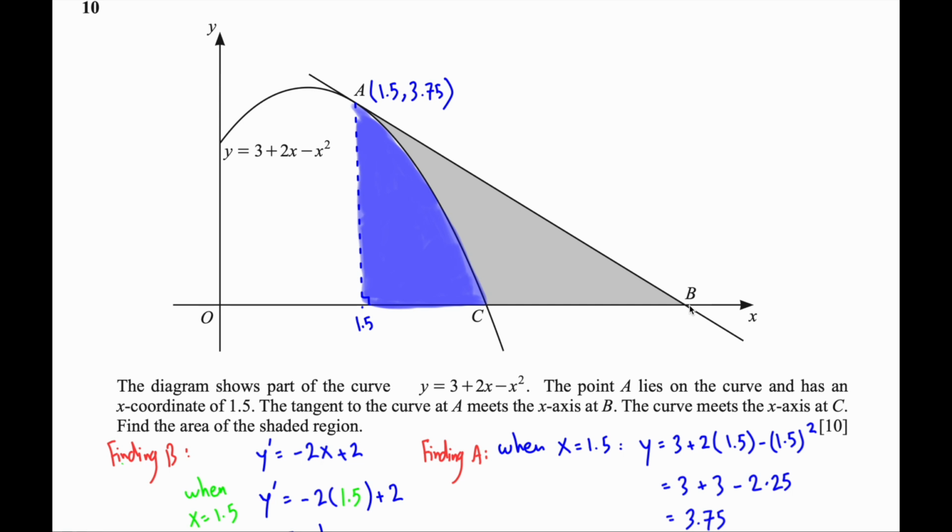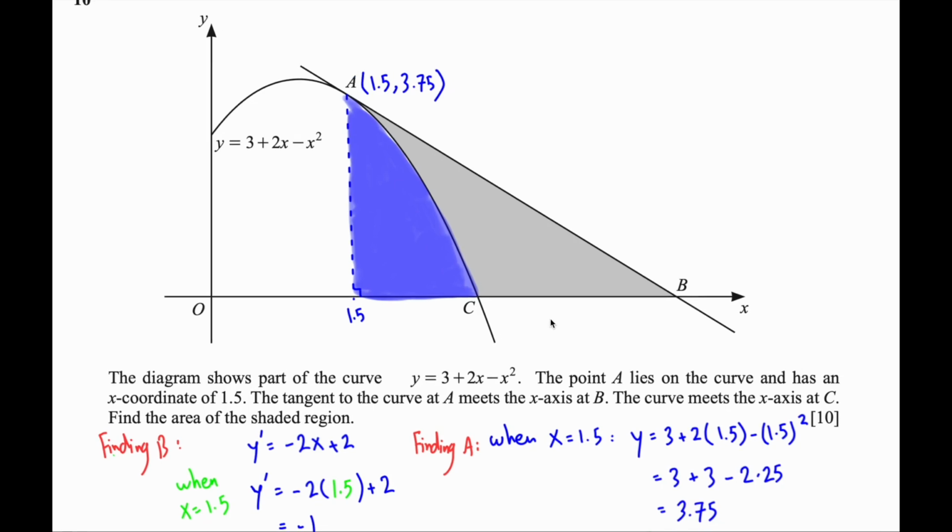All I know is that B is where the tangent line cuts the x-axis, and C is where the curve cuts the x-axis. So there are a few ways actually you can solve this question, but my strategy is to find the area of this right angle triangle that you can see here.